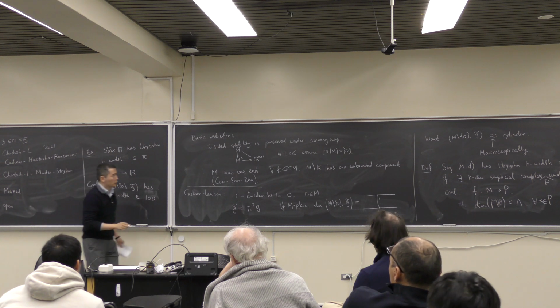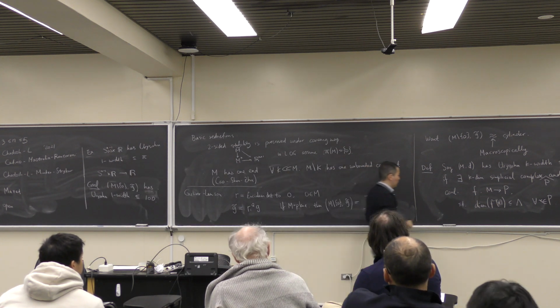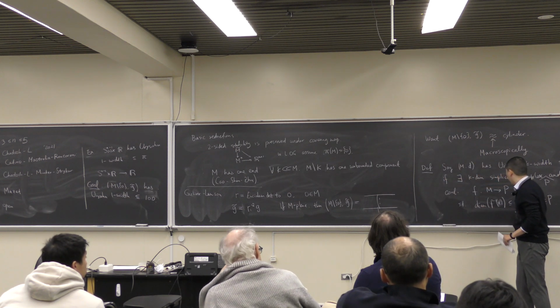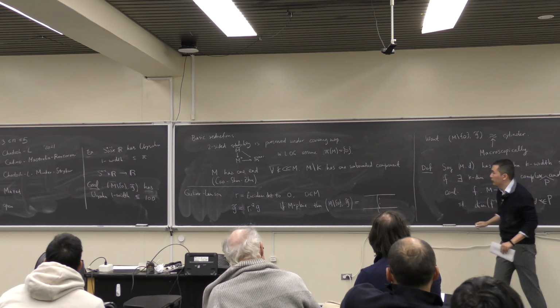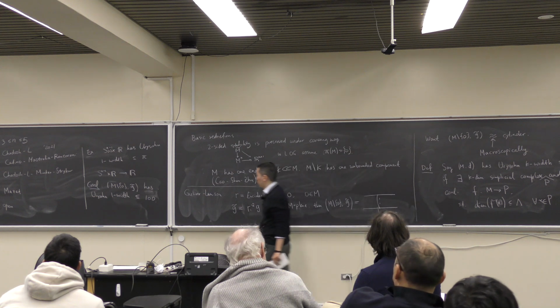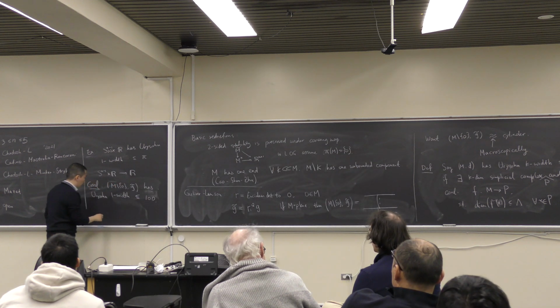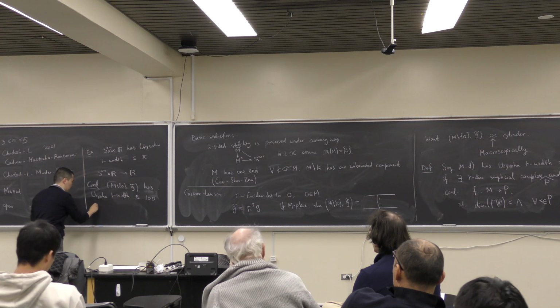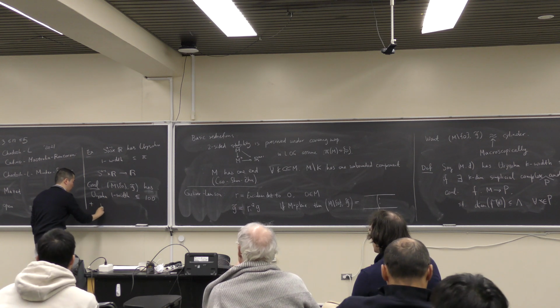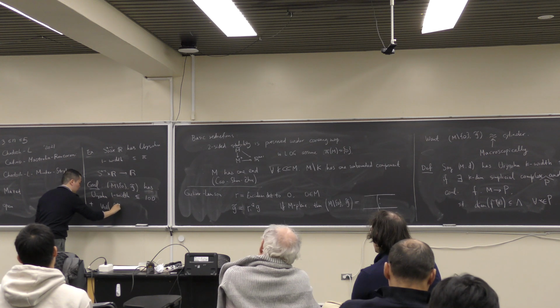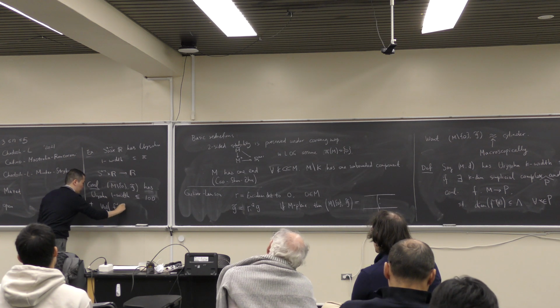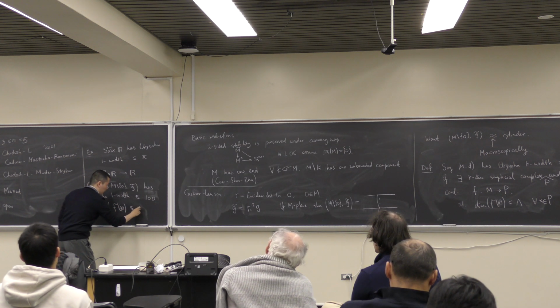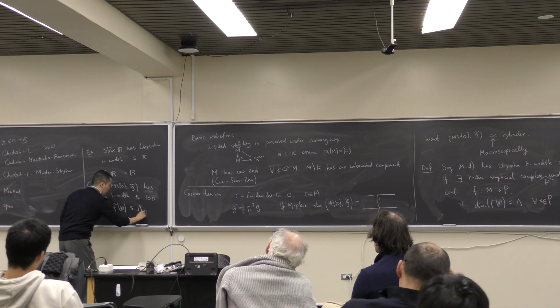In the definition of Urysohn width, I asked that the diameter is bounded by lambda, but for the application to minimal surfaces, to the stable Bernstein problem, we also need to ask that the volume of the pre-image is bounded by some lambda 2.